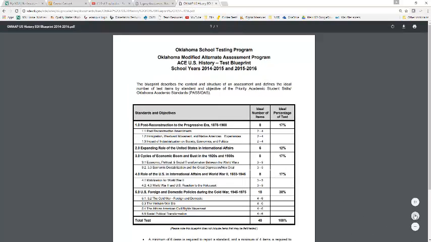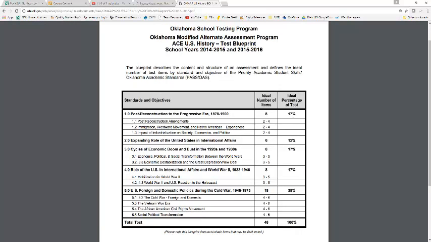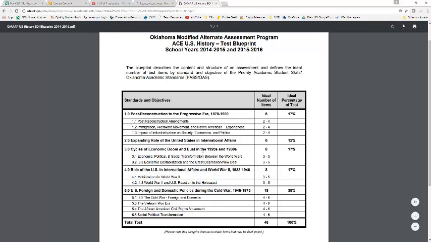Yeah, so this one says 17%. We saw 13 to 15%. This may be the newest. No, I don't think this is the newest, but you get the idea of how to use this, okay? So 17%, there are going to be 2 to 4 questions on post-Reconstruction amendments.